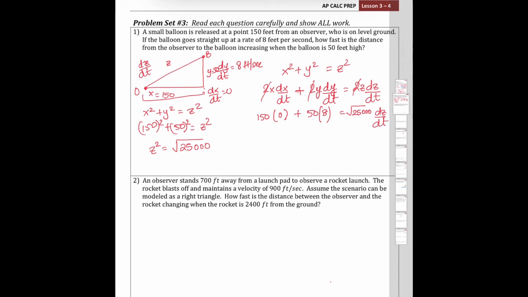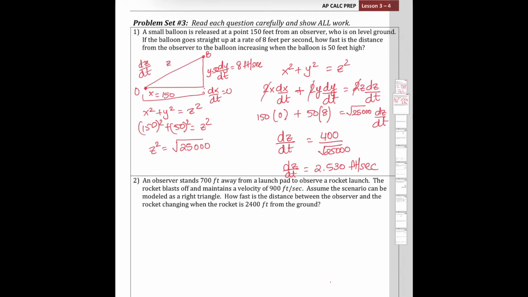Okay, so 50 times 8 is 400, so dz/dt is equal to 400 over the square root of 25,000. I can simplify that, and I get dz/dt equals 2.530 feet per second. Yes, so that's what it is.